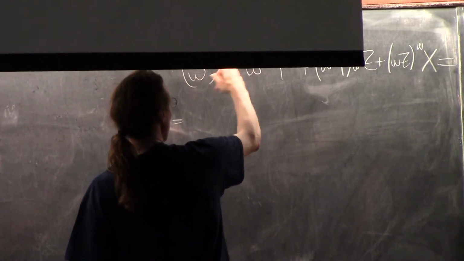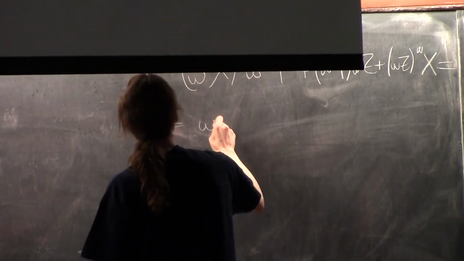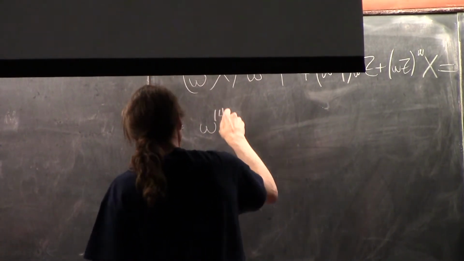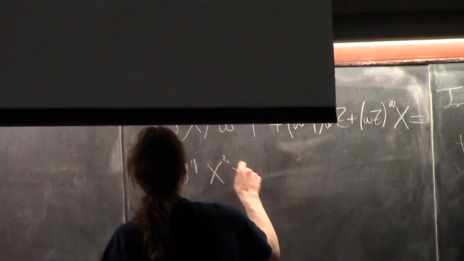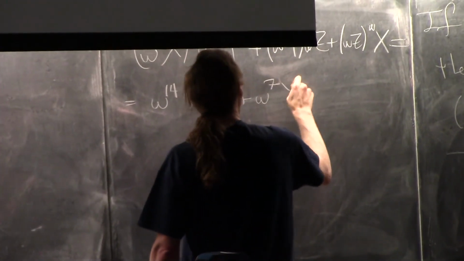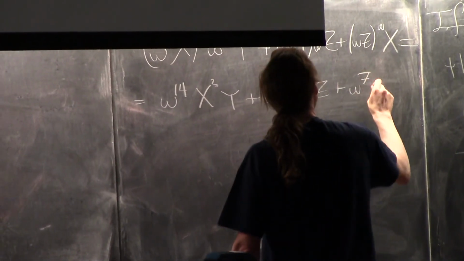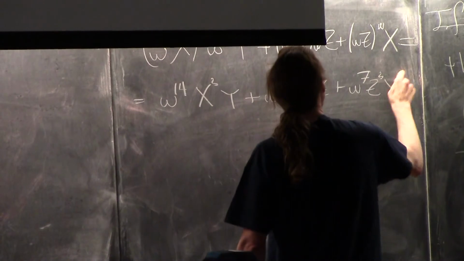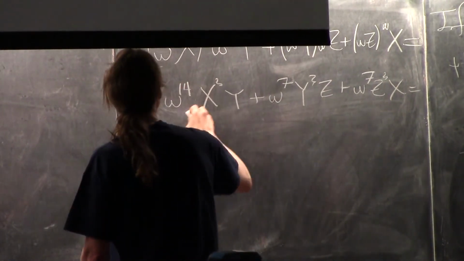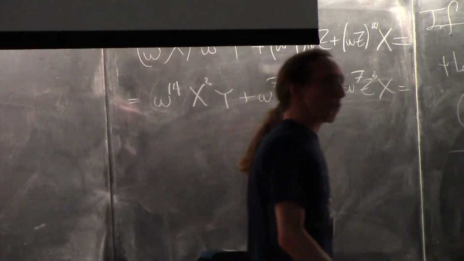Well, you have to remember the rules of exponents, but you get omega to the 7 to 14th x cubed y plus omega to the 7th y cubed z plus omega to the 7th again z cubed x. And this equals, well remember, omega is the 7th root of unity. Right? If we take its 7th power, we get 1.